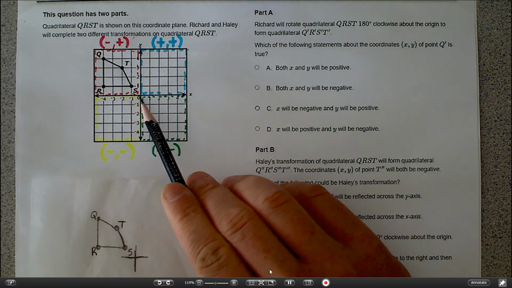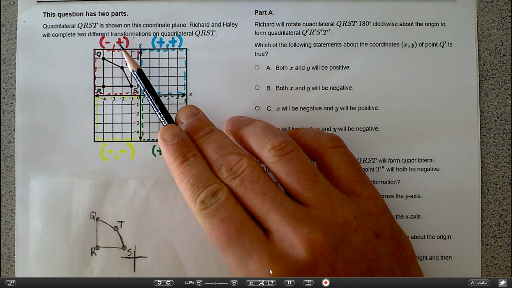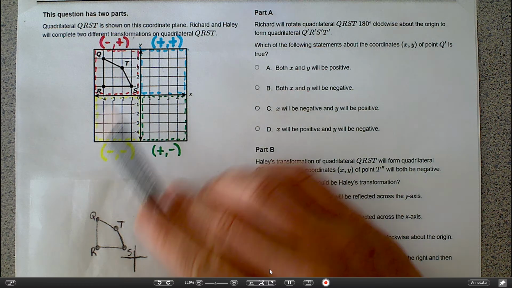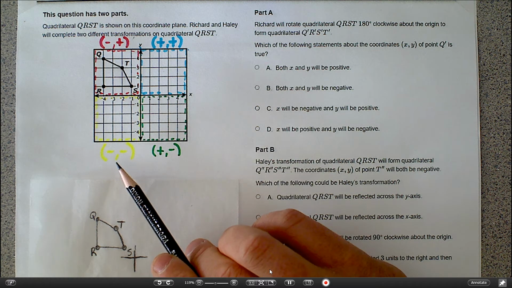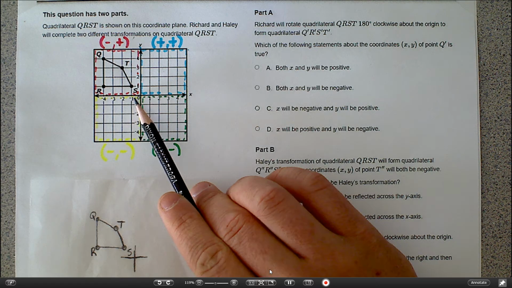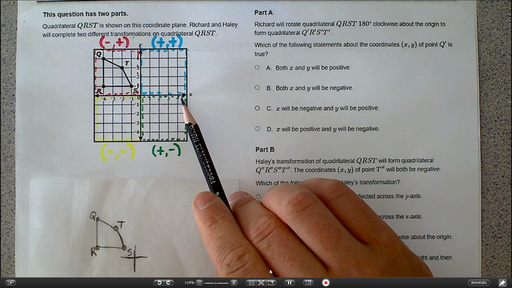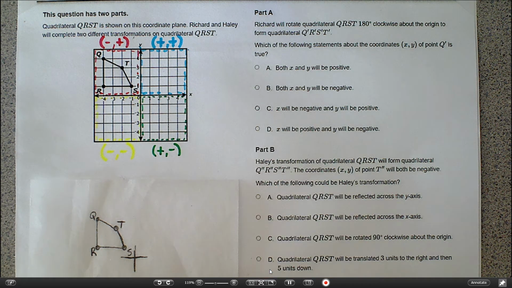Where our shape lives is in a negative X but a positive Y, so the negative-positive quadrant. Yellow looks like a sleepy owl there, but that is our negative quadrant, negative X, negative Y. And lastly, in green, we go positive X but negative Y, so positive, negative.